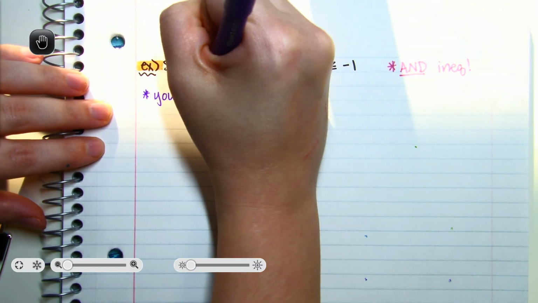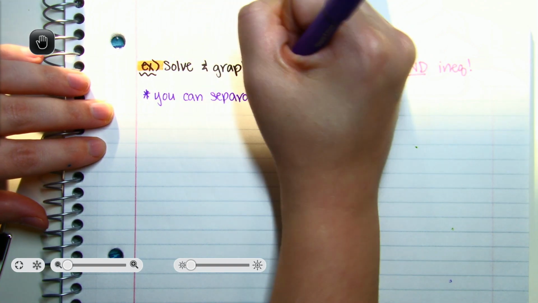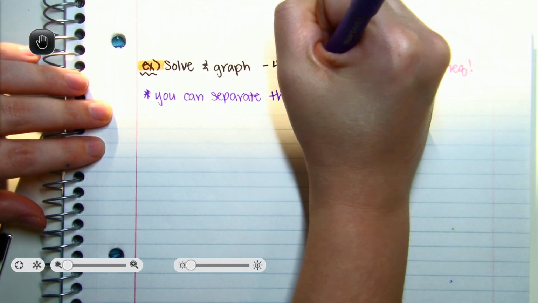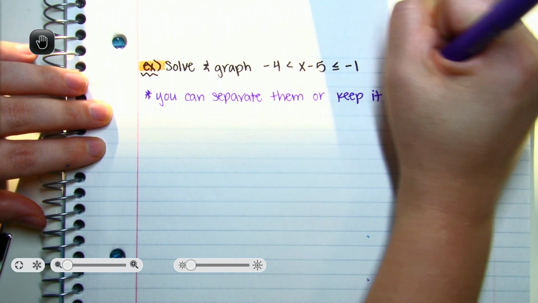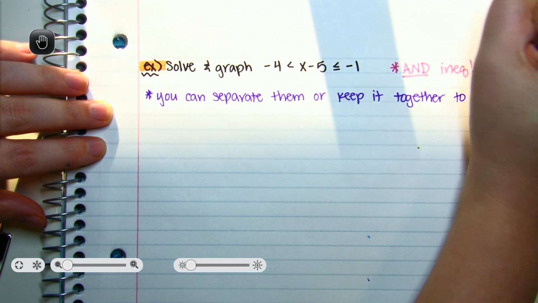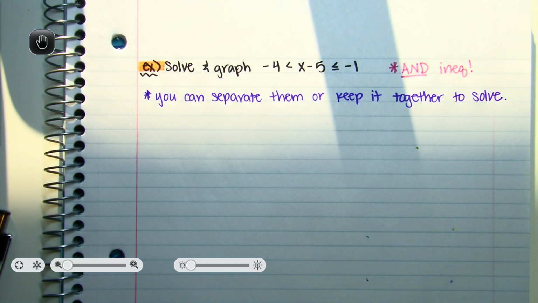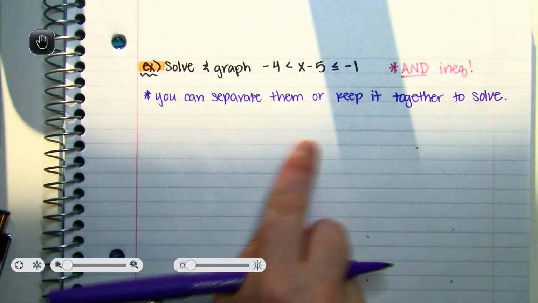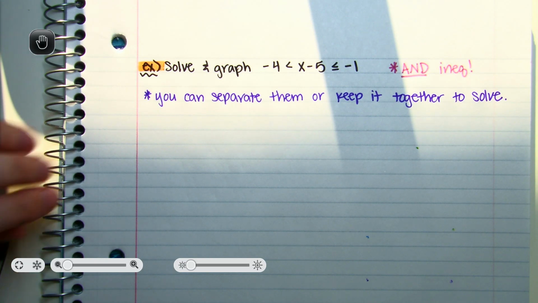So you can separate them, or keep it together to solve. So let's go ahead and show you both methods. Sorry for the kind of weird lighting. The sun is setting and it's how the light comes through the window.